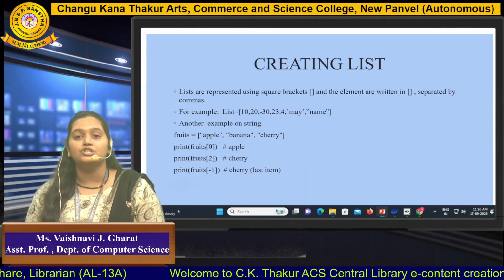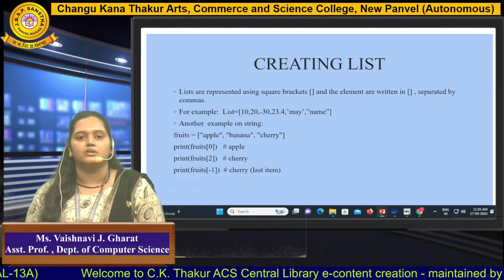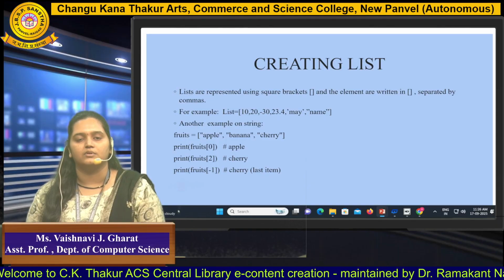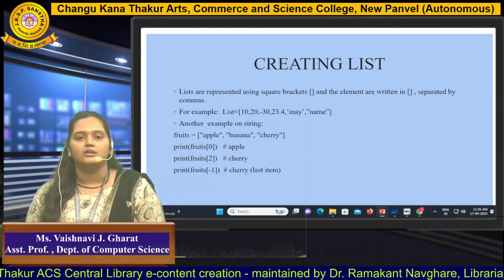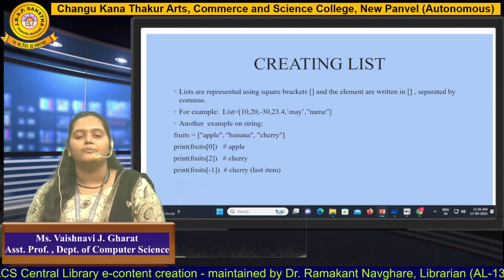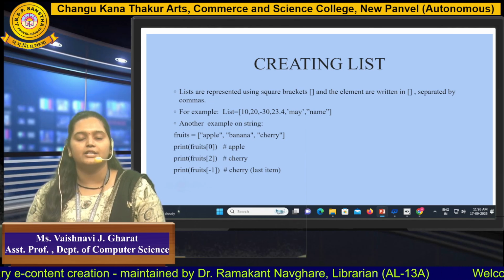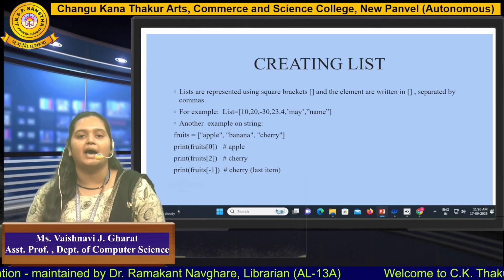Another example using strings in a list. Let's see, there is a fruit list. Fruit equals list apple, banana and cherry. There are three elements. So we simply call print fruit square bracket 0. 0 means the index, and fruit at 0 is apple.